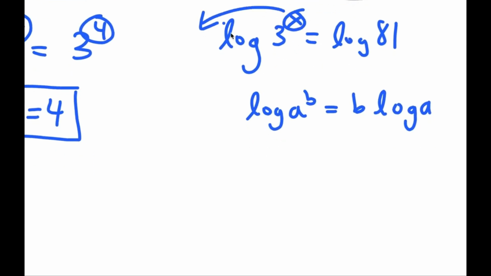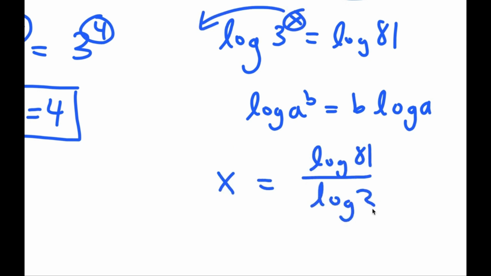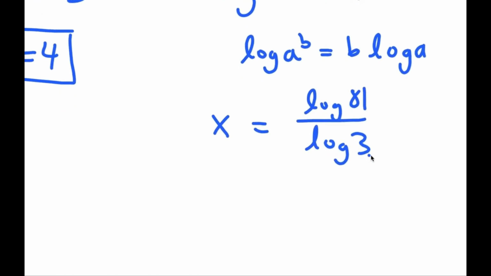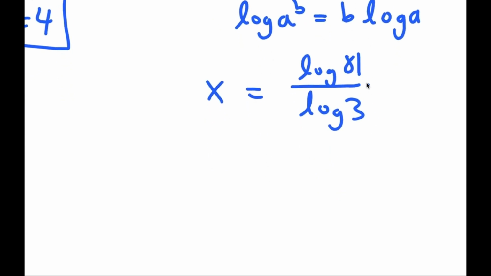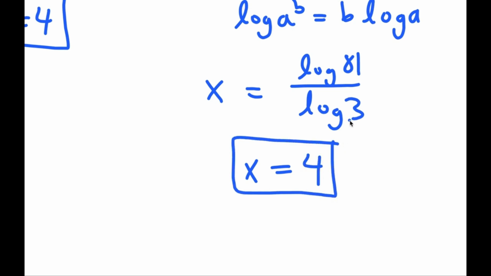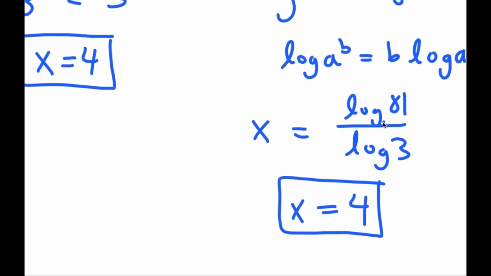Meaning I can move x to the front, and I get x is equal to log 81 over log 3. Now, all you need to do is plug this into a calculator, and you get that x is equal to 4. Log of 81 over log of 3 is 4. So that's how you would do it if it wasn't a power of 3.